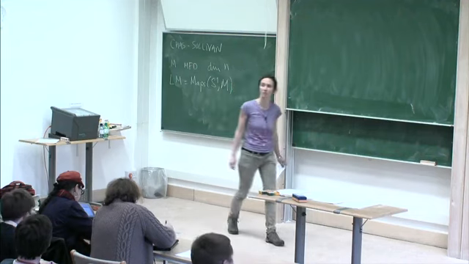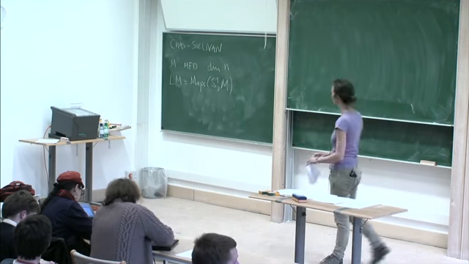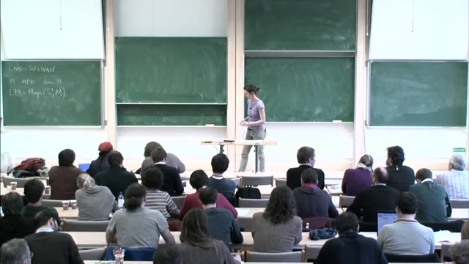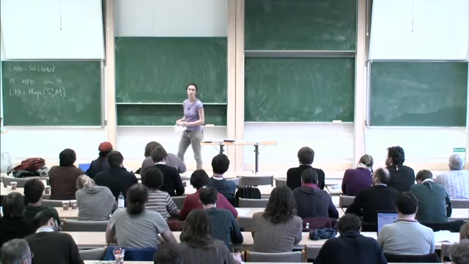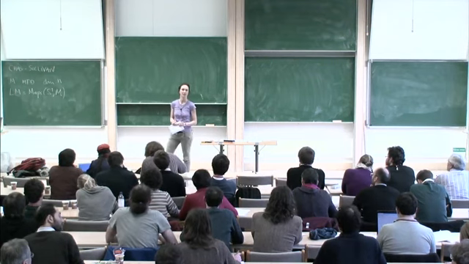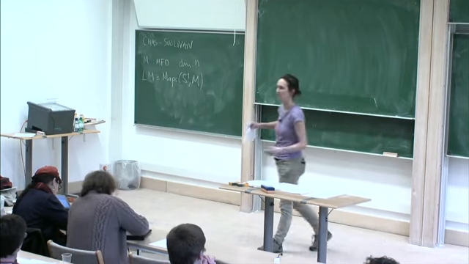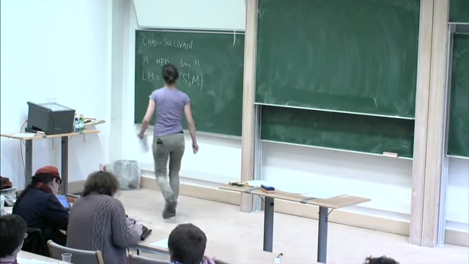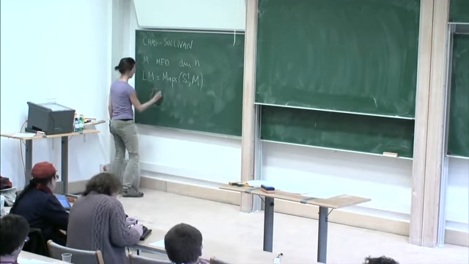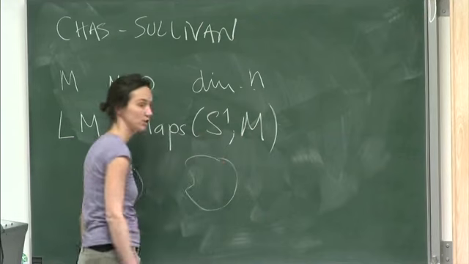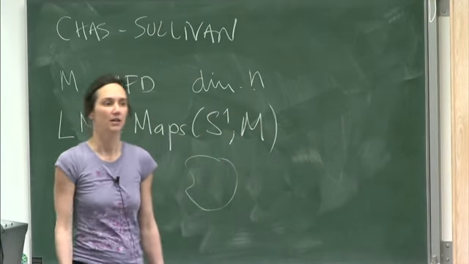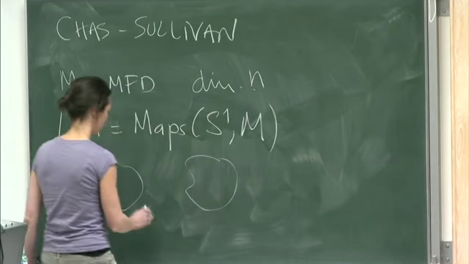And then you may want to study this space. One way to study it is to look at what structure it has. What Chas and Sullivan did is to define a product. The idea is, if you have a loop somewhere in the space and another loop, you'd like to multiply them. If they don't intersect, it's a little difficult to multiply them.